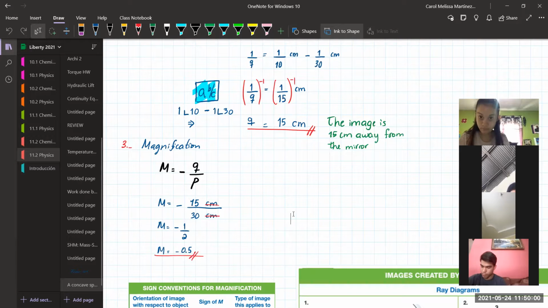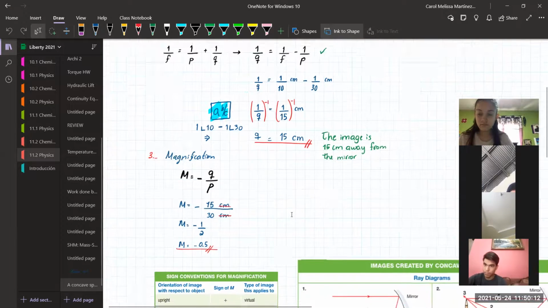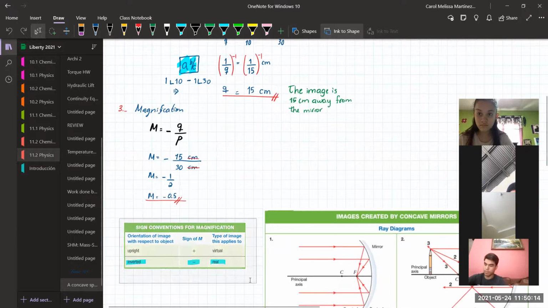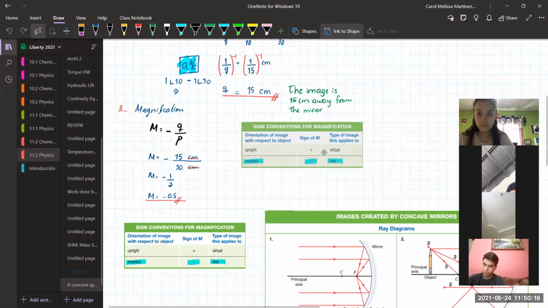Now this answer of negative 0.5 tells you different things. First of all, we look at the sign, and you need to classify the image. The sign, you look for the sign right here, okay, in this table.